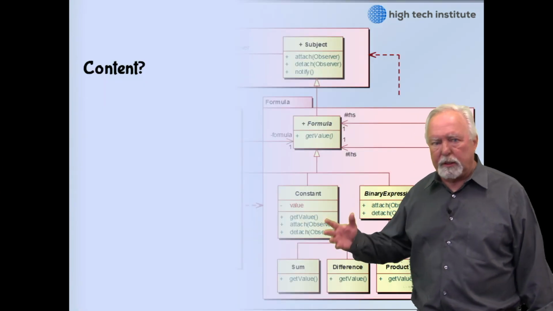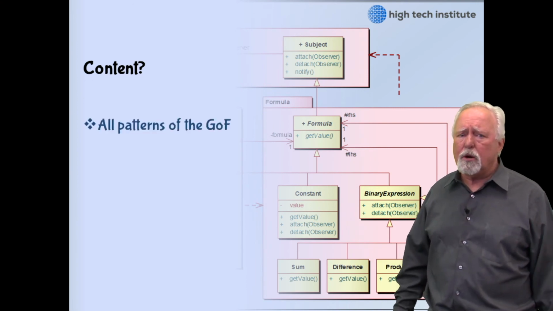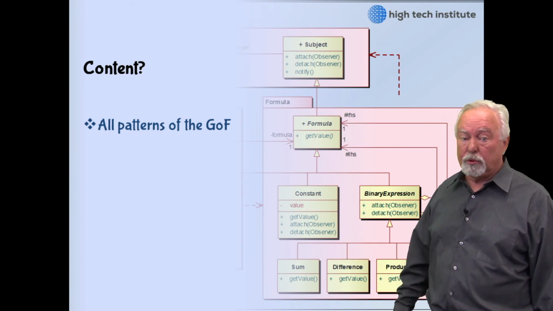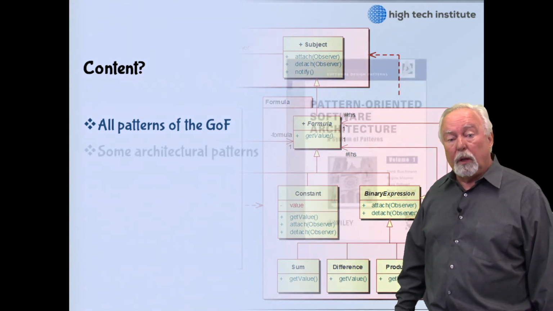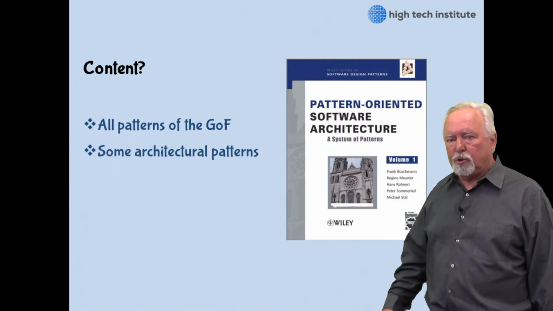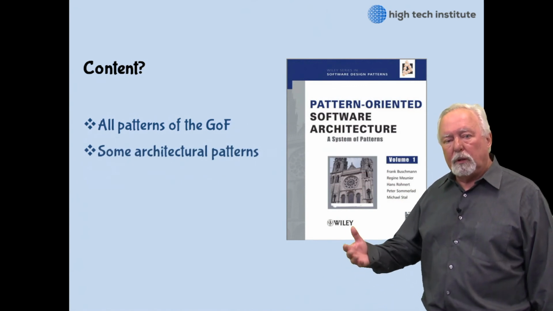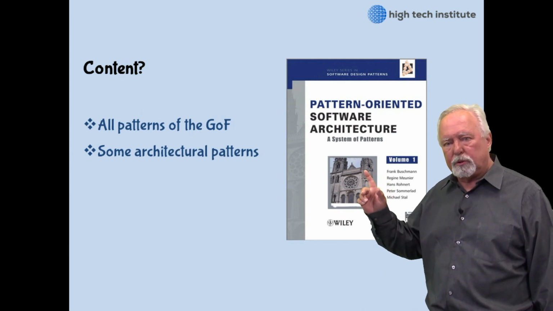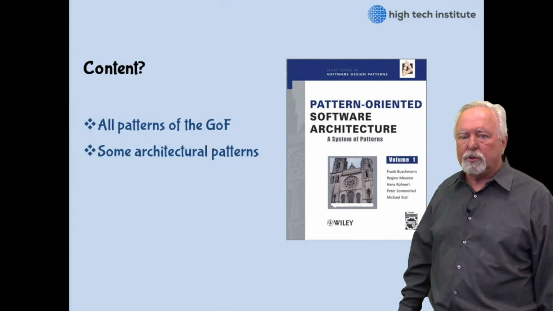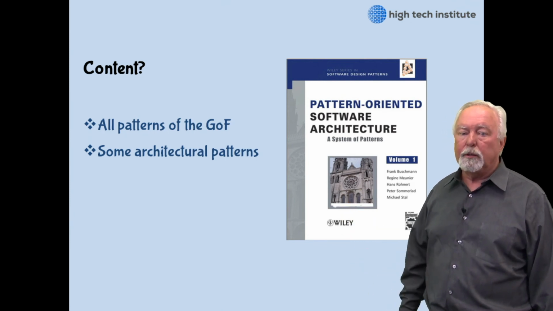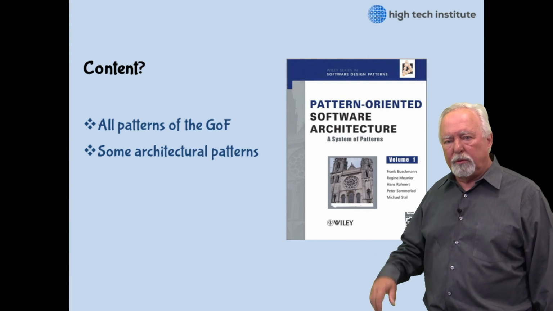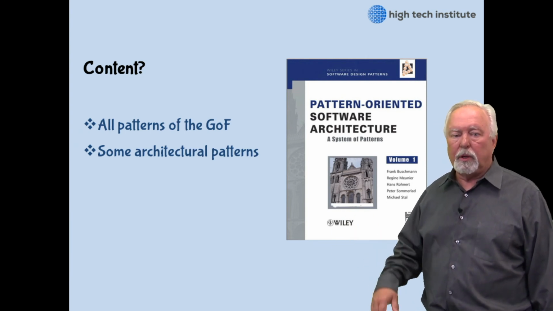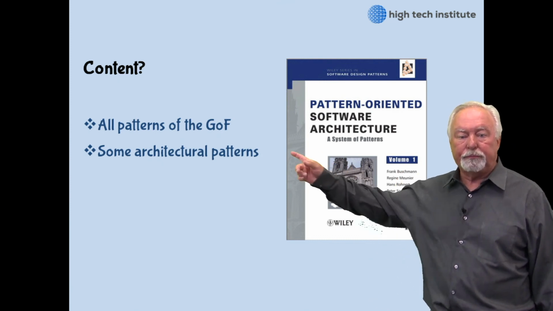Now, what is the content of the course? We will discuss all the patterns of the Gang of Four, out of that book that I showed you earlier. We will also discuss some architectural patterns at the end of the course, from this book, which is often called POSA, Pattern-Oriented Software Architecture. In Volume 1, the authors showed some architectural patterns that you can typically realize using the patterns of the Gang of Four.